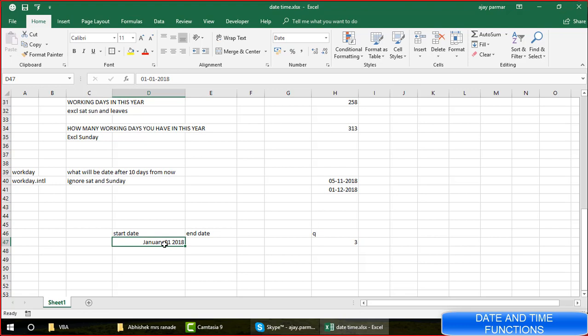So now the first thing is, we have a formula here which can calculate the end date as well. You don't have to use your brain: 30 days, should I add 30, 31, 28, 29? We have a formula. What is that formula?